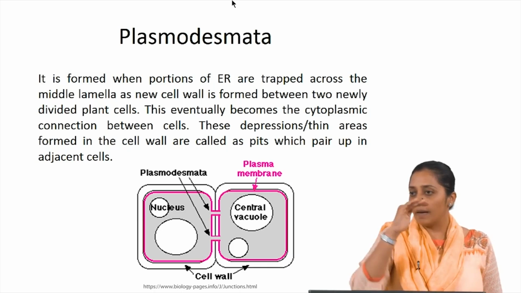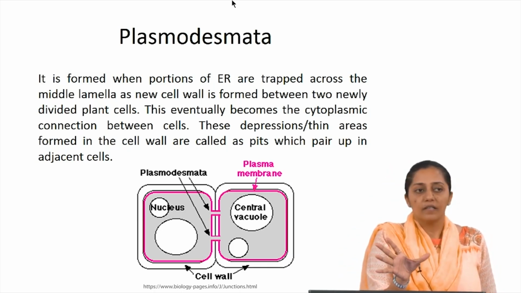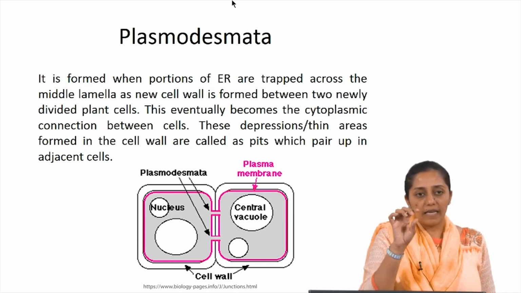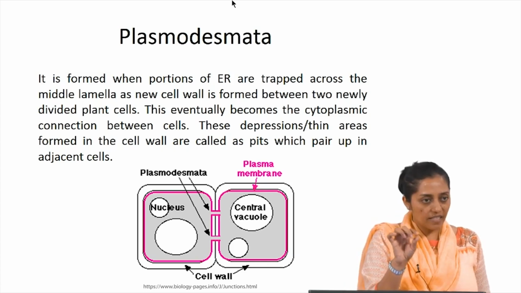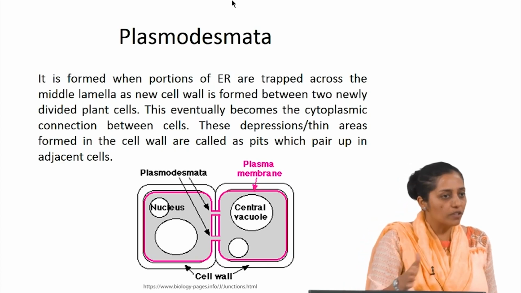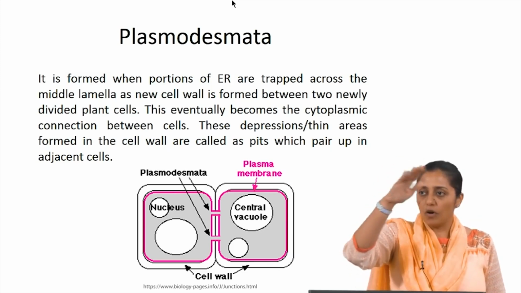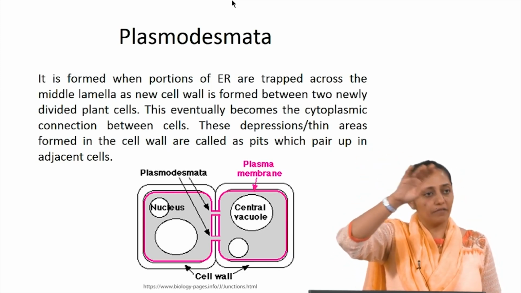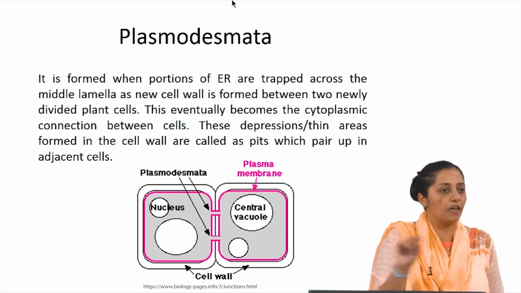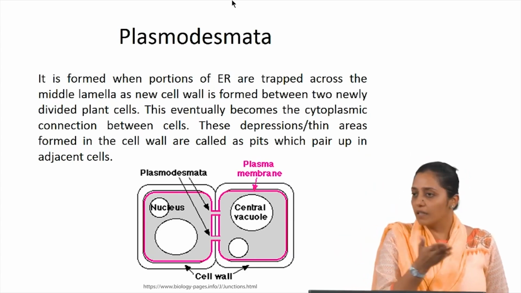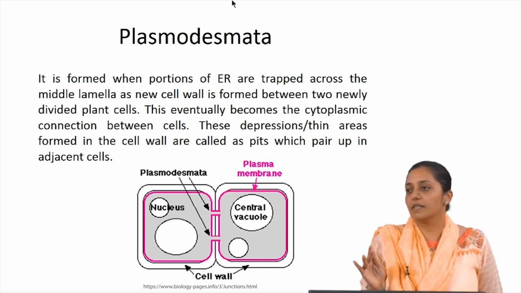You remember the middle lamella above the primary cell wall? As the cell is dividing, what happens? The cell wall doesn't get made near these regions, or it is so thin that the endoplasmic reticulum is trapped. The plant cell wall is then made in continuity with the adjacent cells, and those compressed regions of endoplasmic reticulum then become the continuity, or you call them holes, among the adjacent plant cells.